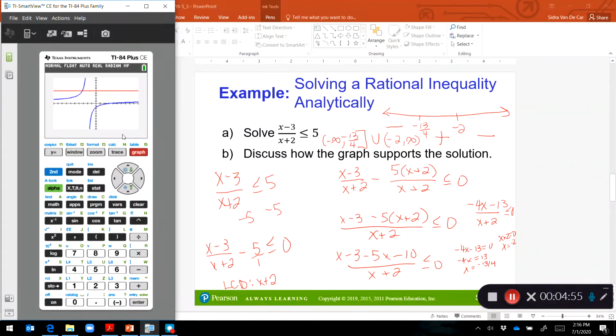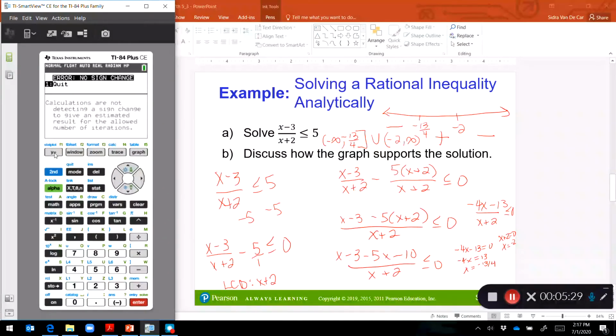Notice that the graph is below here, and everywhere over here. So up to this intersection point, let's find that by hitting second and calc. And I want the intersect. We want to say yes, that's my first curve, and then second curve, yep, and then give it a guess to start approximating.